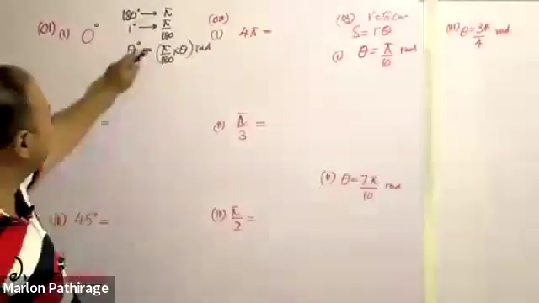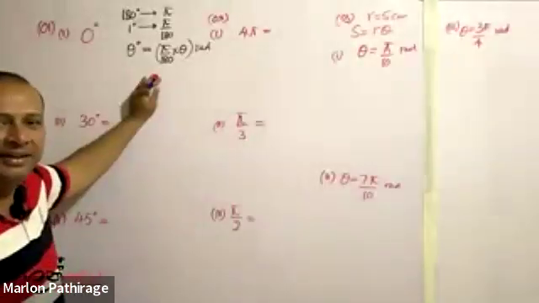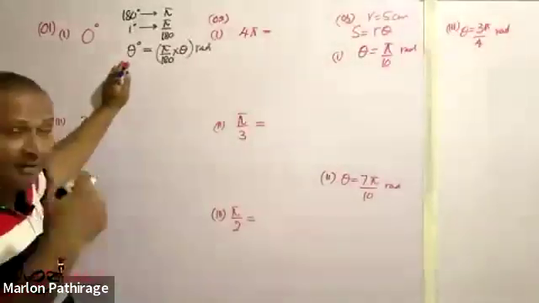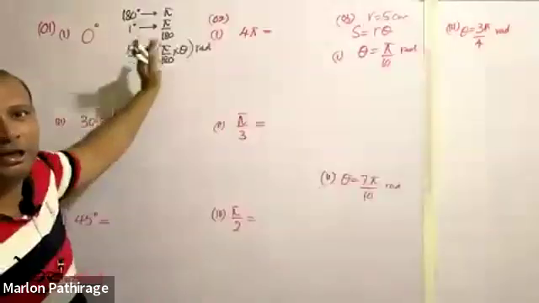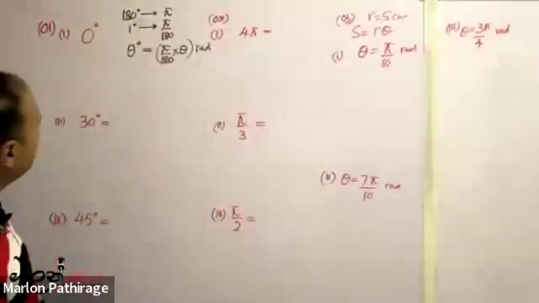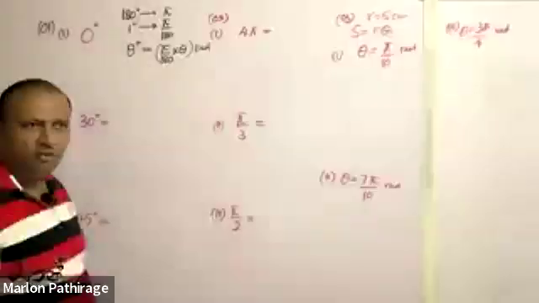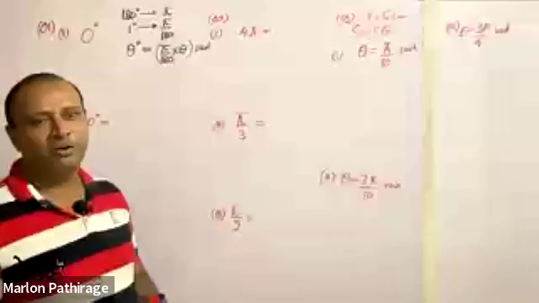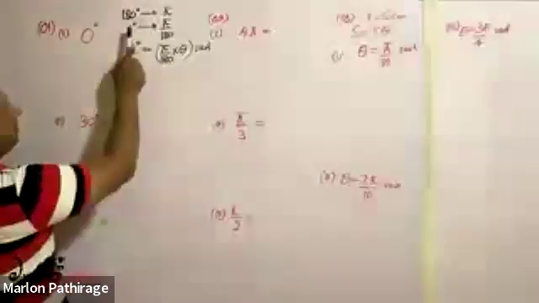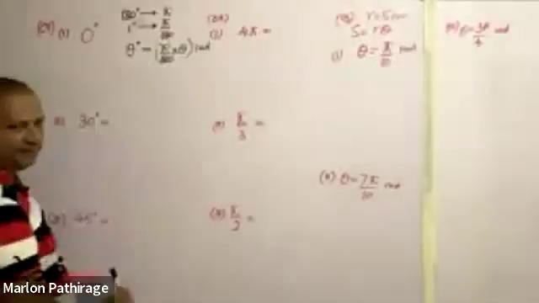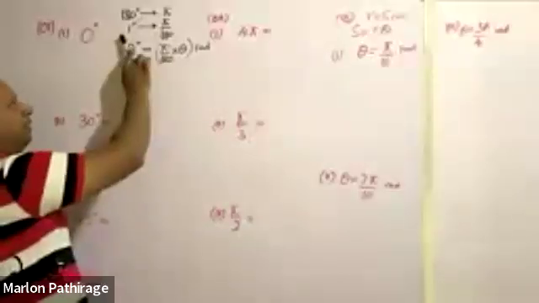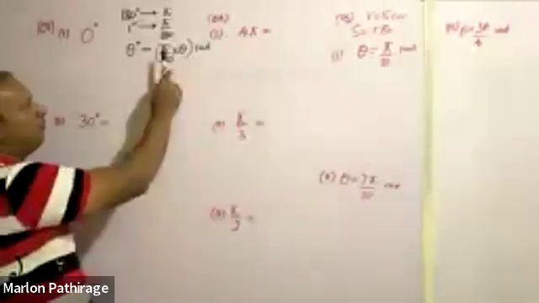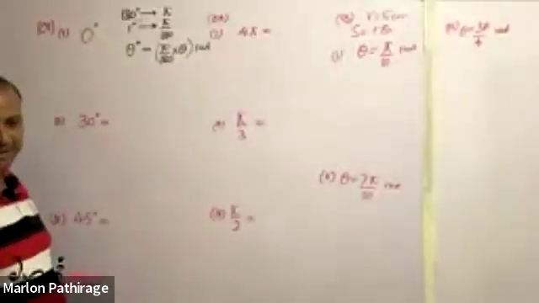So this is the way of converting degrees into radians. You have to multiply by pi over 180, then it will convert into radians, because 1 degree is equal to pi over 180 radian. If you multiply both sides by theta, theta degrees is equal to pi over 180 into theta.